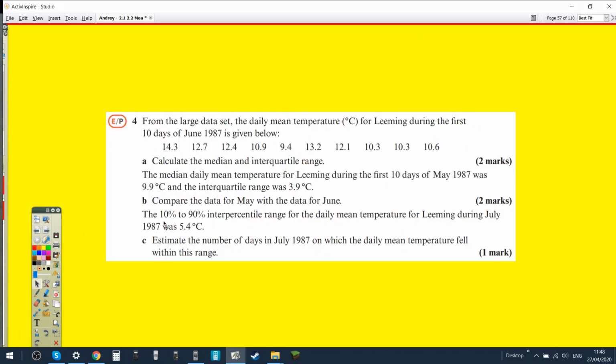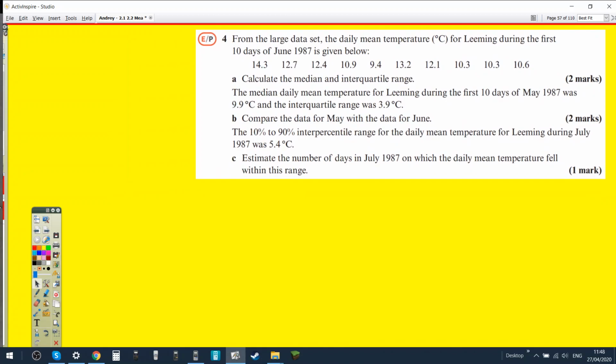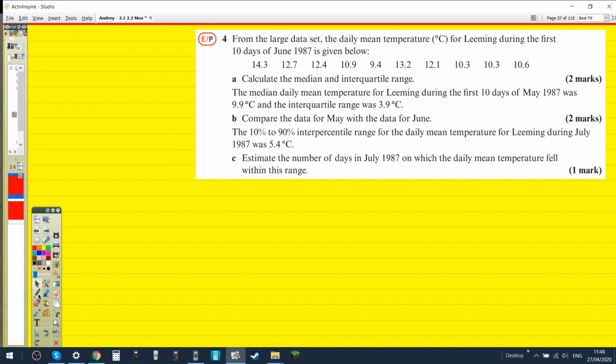Same two things. So this one here is not grouped data. How would you do part A? Would I be able to still use the formula, or probably not? The formula is for grouped data.